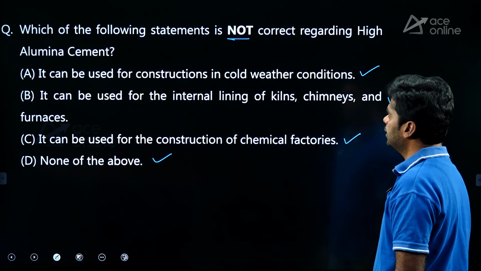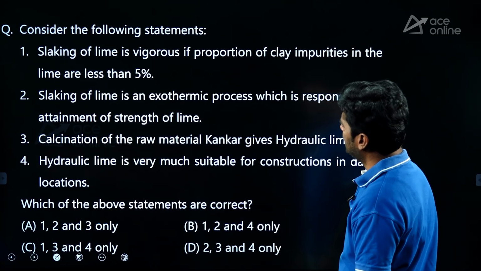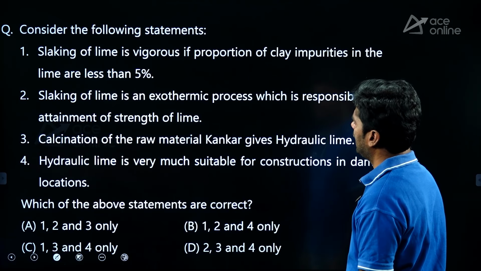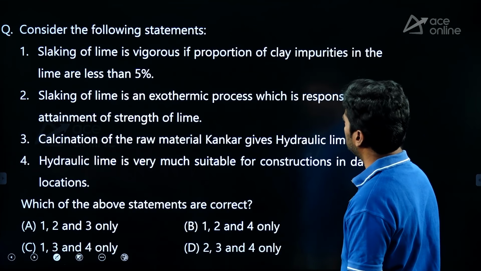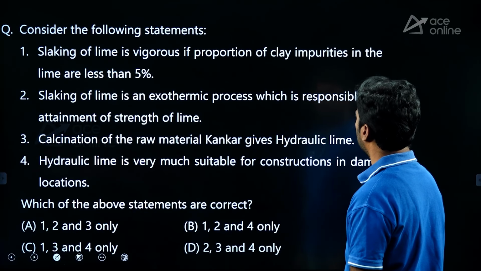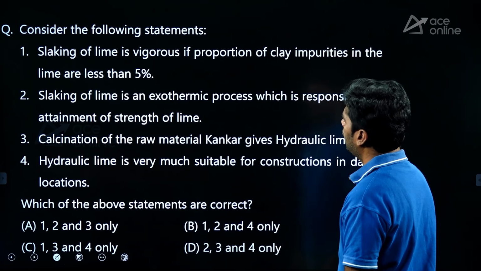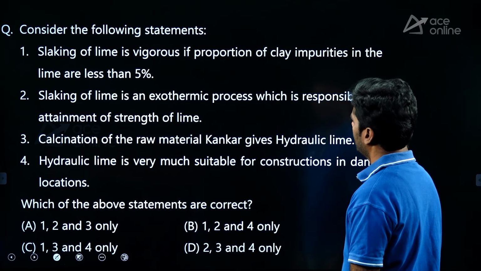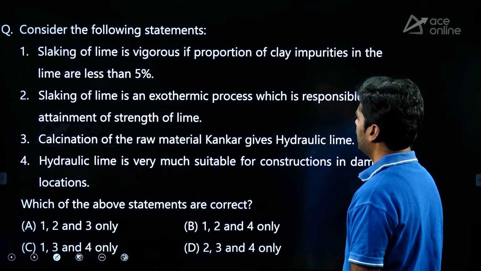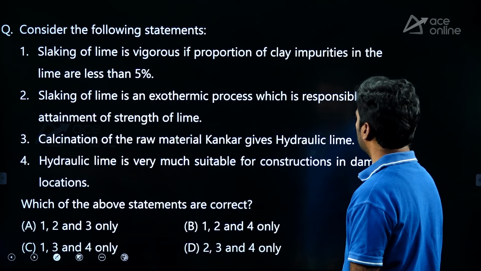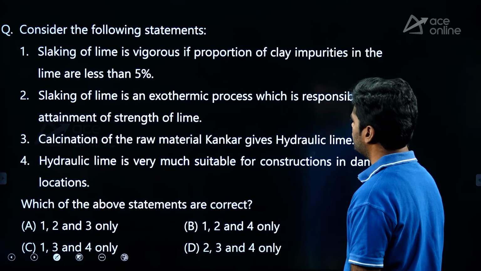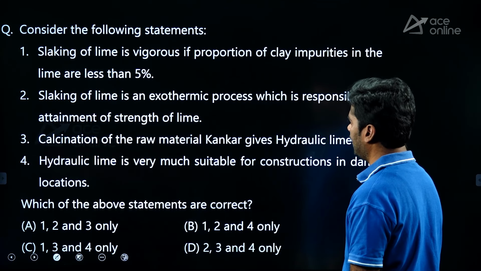Coming to the next question. Consider the following statements. Slacking of lime is vigorous if proportion of clay impurities in the lime are less than 5%. It is true. Slacking of lime is an exothermic process which is responsible for attainment of strength of lime.